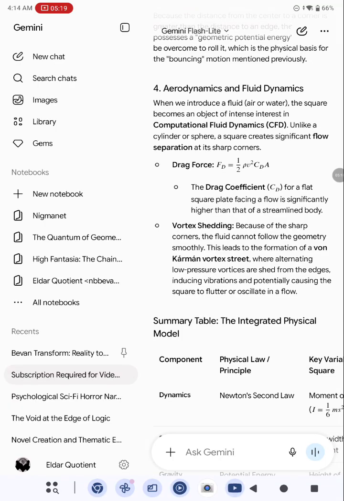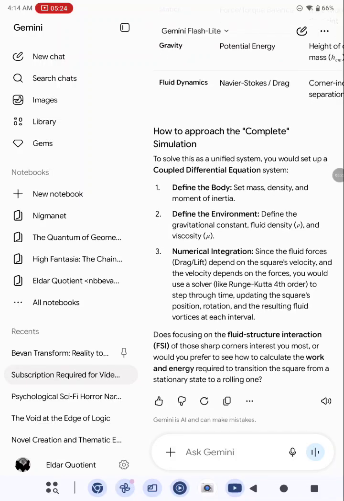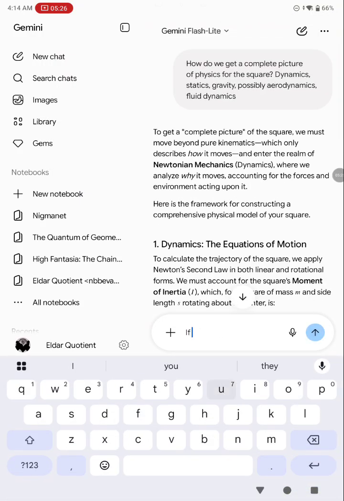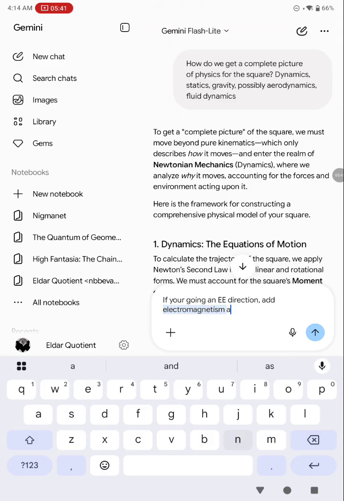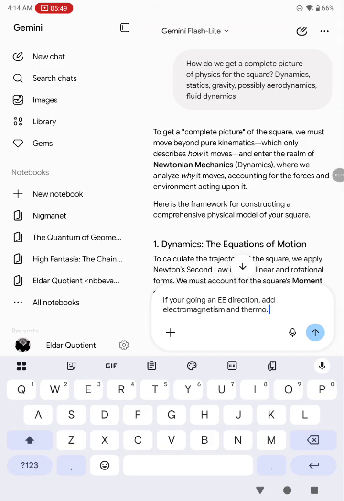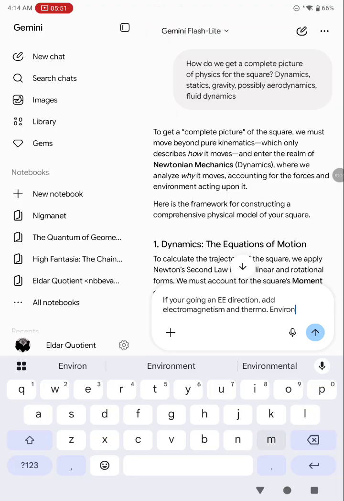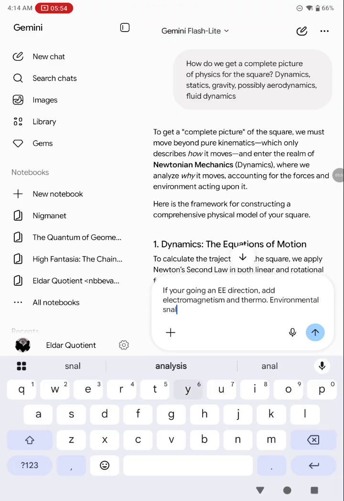And when you introduce a fluid like air or water, also, if you're going in the EE direction, add electromagnetism, and I will say thermo, and environmental analysis.